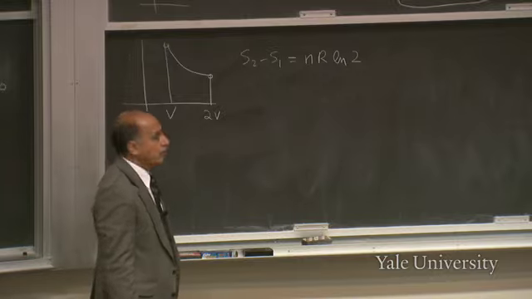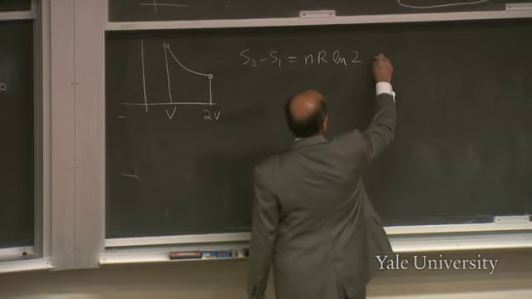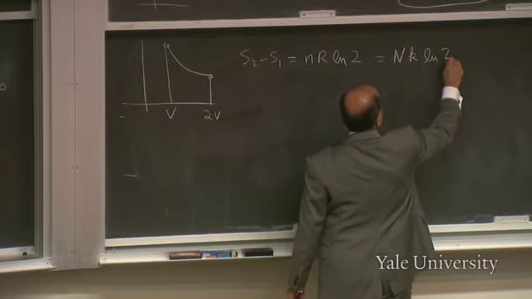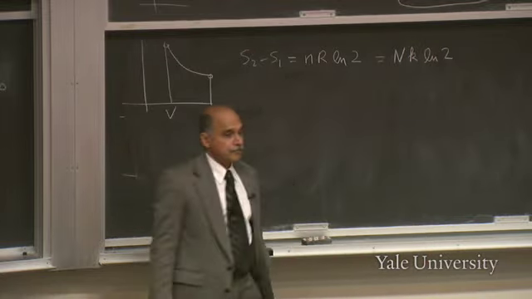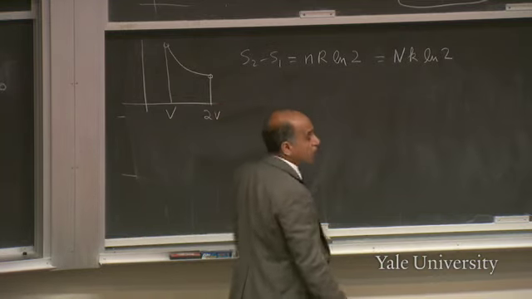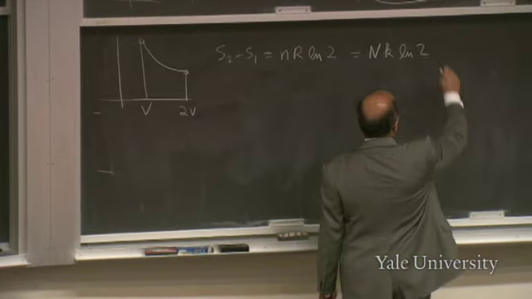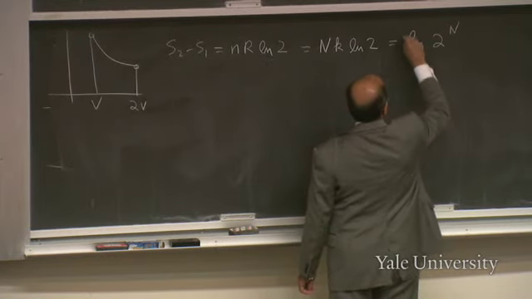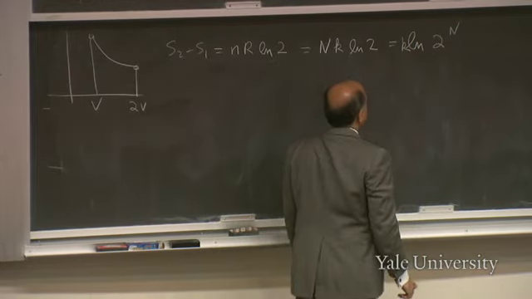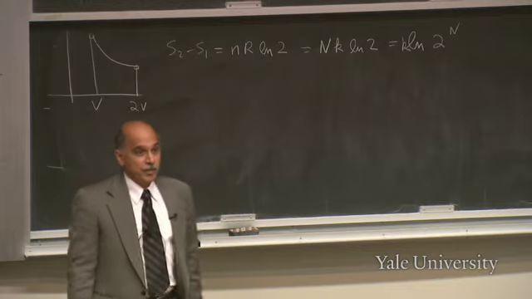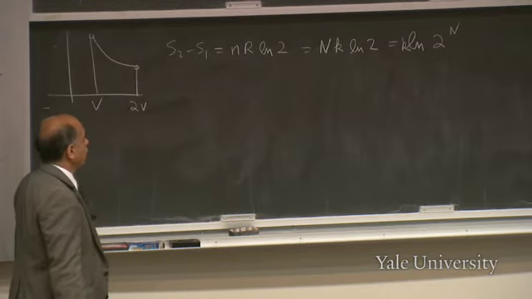The volume is doubled. Let me rewrite this as N K log 2, because number of moles times R is the number of molecules times K. Let me rewrite that as log of 2 to the N times K. So now I will tell you what all these factors mean.